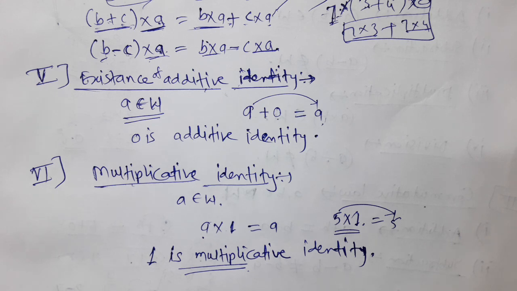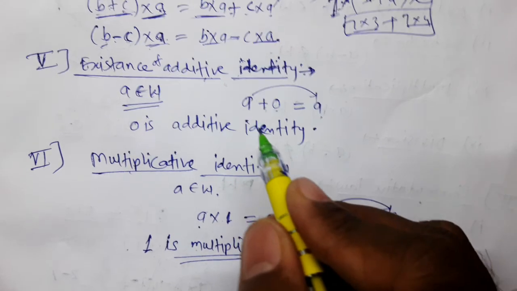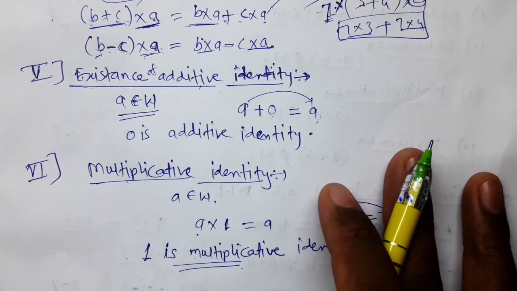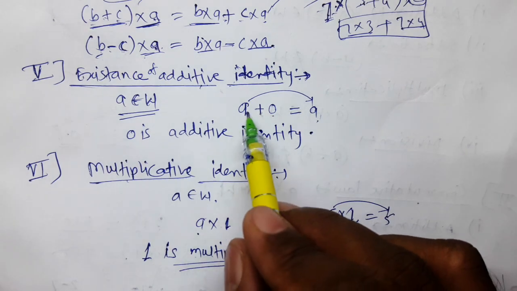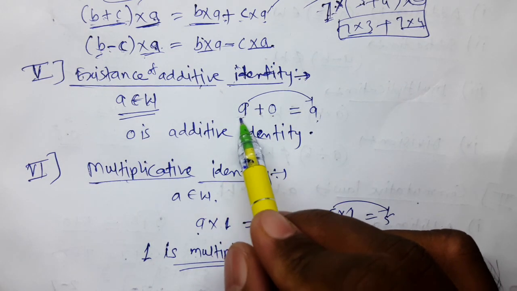It means if we perform the operation of the identity element with a given number, the result is equal to the given number. The identity element does not change the number.